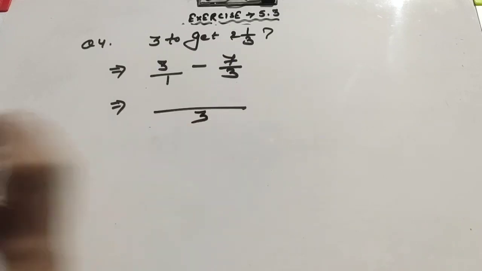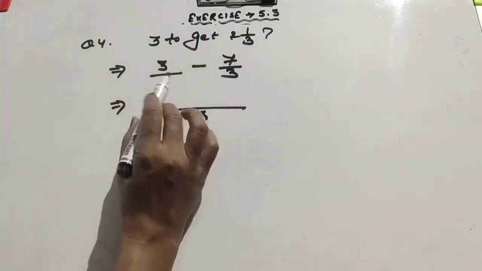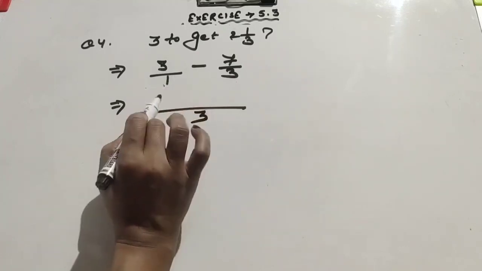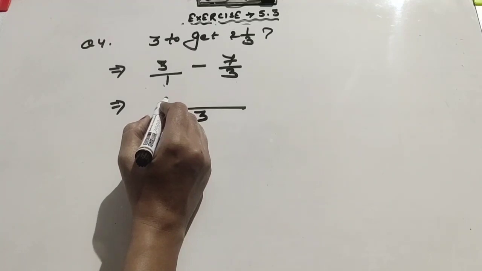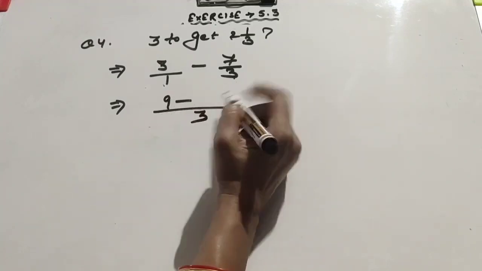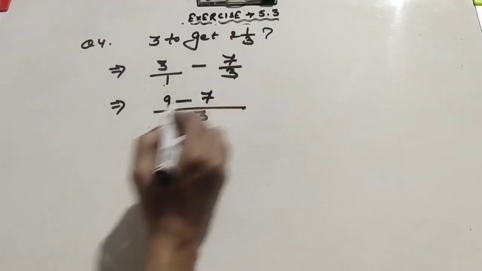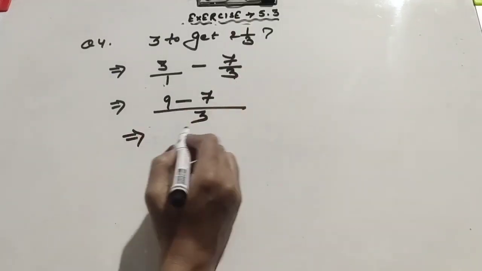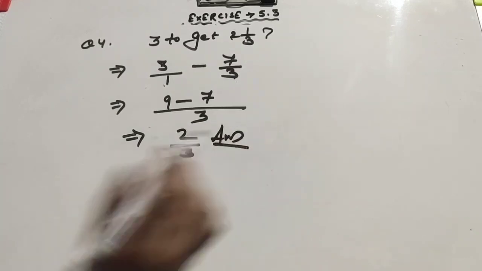Very easy, it means 3 is your LCM. In the 1 table, 3 will come 3 times. That 3 will multiply with 3. So 3 3s are 9. Subtract sign. In the 3 table, 3 will come 1 time. That 1 will be multiplied with 7. So 9 subtract 7, 2 by 3 is your answer. Understood?